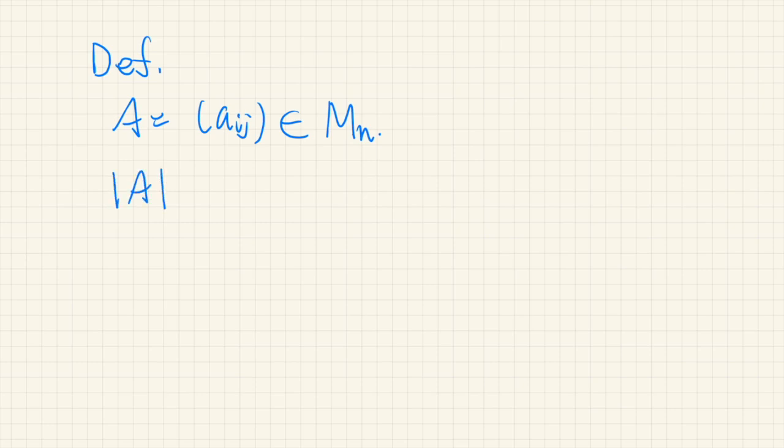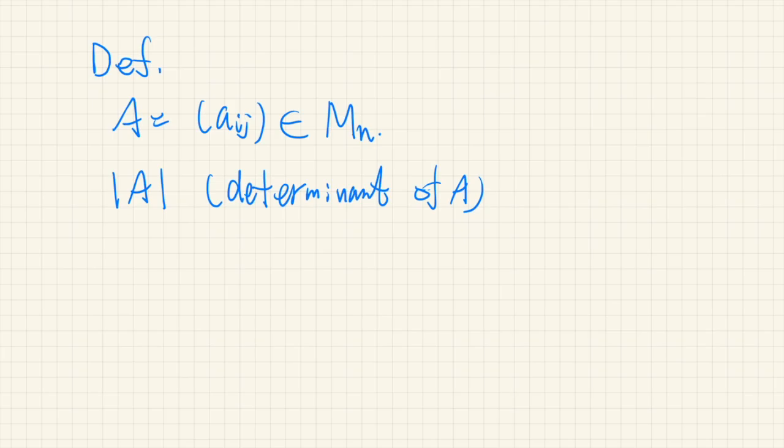Okay, so here's the definition of the determinant of a general n by n matrix. Let A be a matrix whose elements are aij and the size is n by n. The determinant of A is defined as follows.